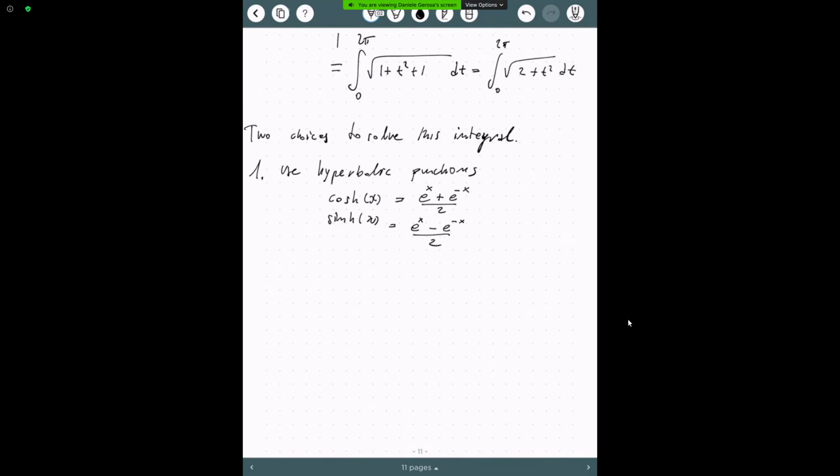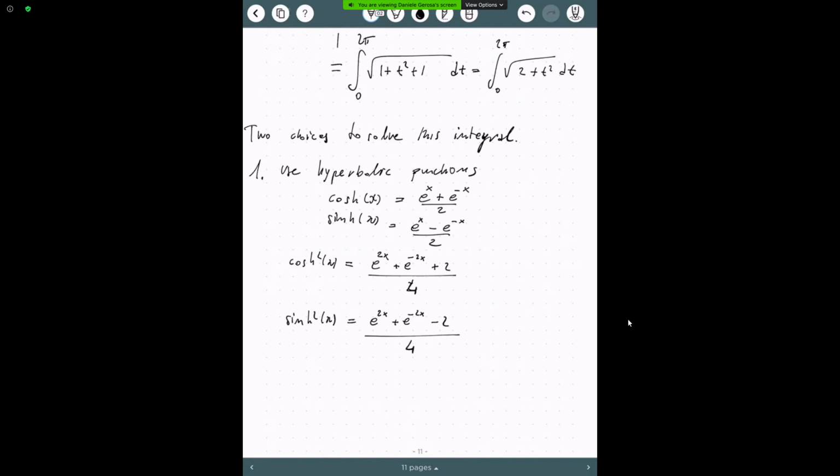So if you take the hyperbolic cosine and square it, what do you get? You get e to the power of 2x plus e to the power of minus 2x, plus 2, divided by 4. And for the hyperbolic sine squared, you get e to the power of 2x plus e to the power of minus 2x, minus 2, divided by 4.